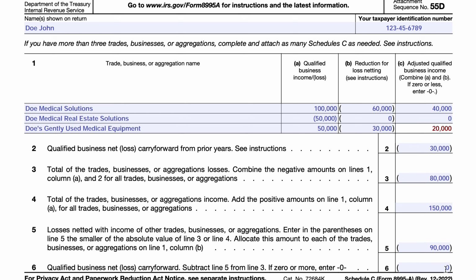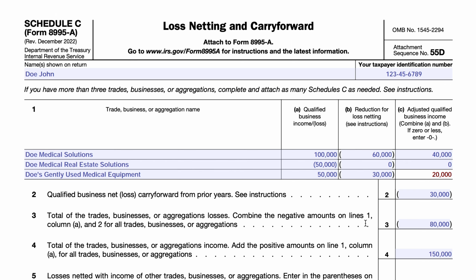And if you did report it on the simplified computation form, that's line 3 of 8995. So if you're putting this on the 8995A, that's on line 2. If it's on 8995, it's on line 3. And I think that is a wrap for Schedule C, our walkthrough here.